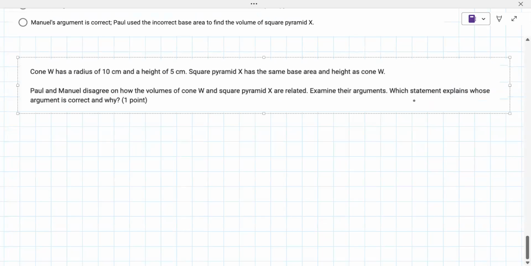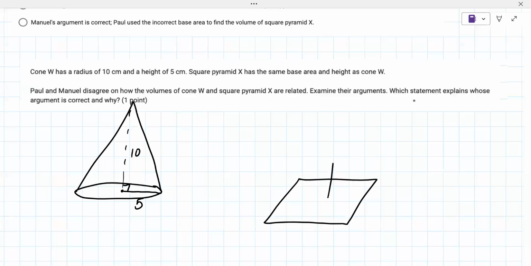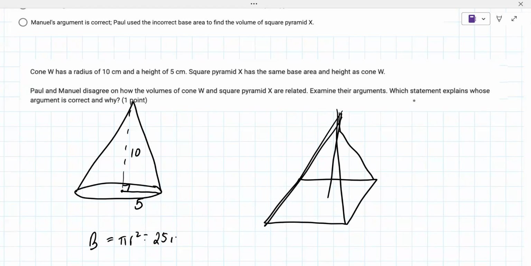All right, so cone W has a radius of 10 centimeters and a height of 5 centimeters. So we have 10 and 5 like that. And square pyramid X has the same base area and height as cone W. So it's saying that the base on the left here is pi r squared, which is 25 pi.